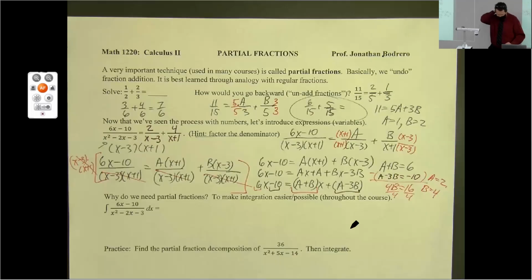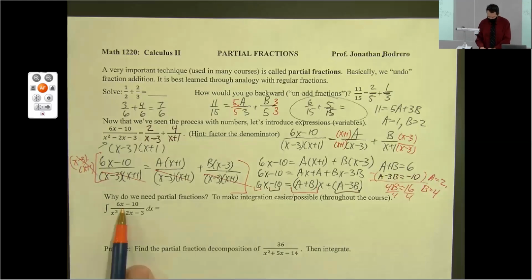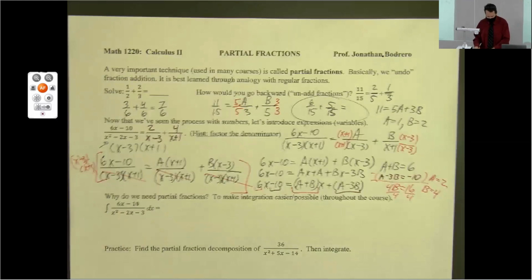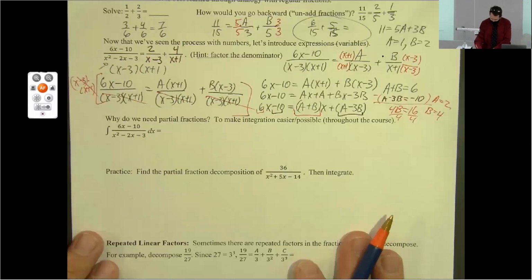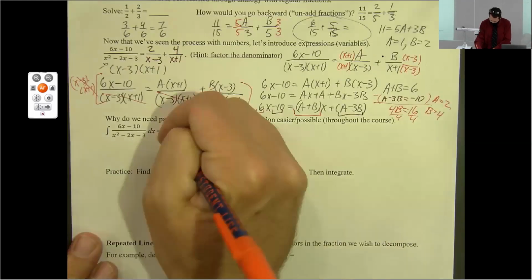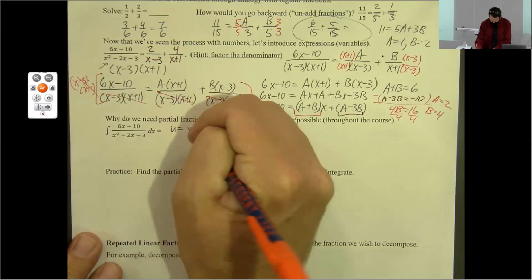Okay. So why the heck do we need partial fractions? Well, here's why we need them. What if you needed to integrate 6x minus 10 over x squared minus 2x minus 3, all dx? You might try u equals x squared minus 2x minus 3, right?